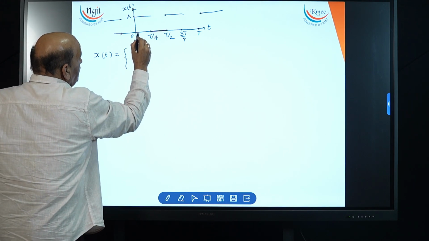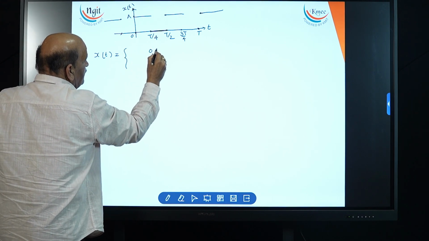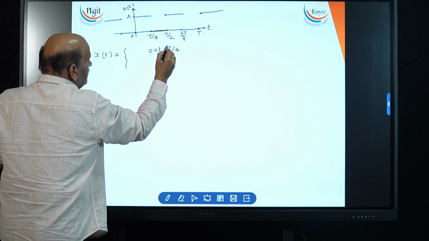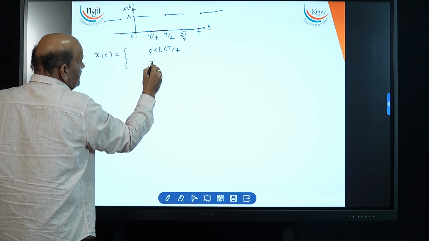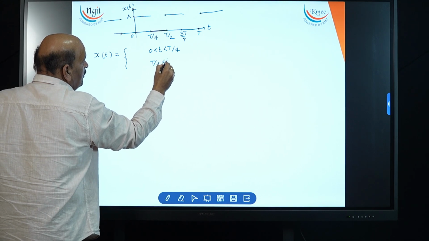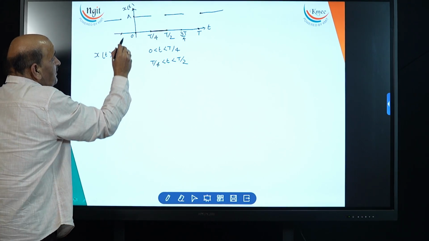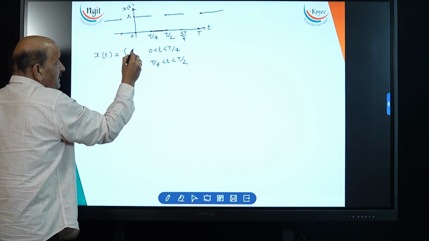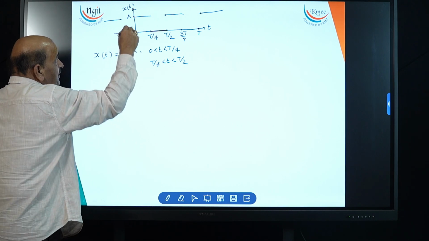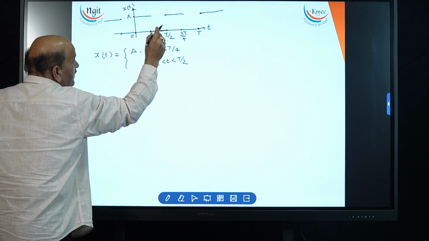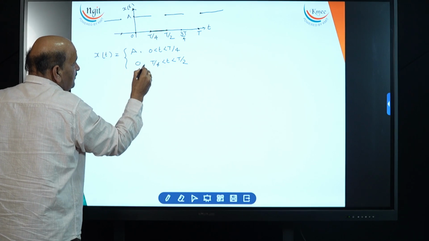Now just look at, we have to make it from 0 to T by 4. Another condition is between T by 4 to T by 2. Two conditions. Between 0 to T by 4, the wave is reaching up to the amplitude A. Between T by 4 to T by 2, there is no wave, value equal to 0.